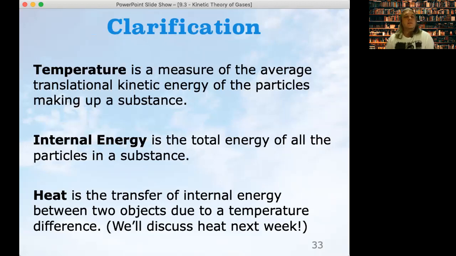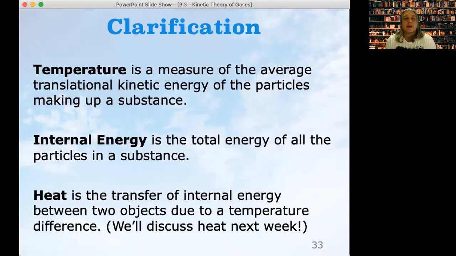And as I was just saying, just to be really clear about this, temperature is the measure of the average translational kinetic energy. Right? Remember that average kinetic energy was given by 3/2 kT. So temperature is just relating to that translational kinetic energy. The internal energy is the total energy of all the particles in a substance.